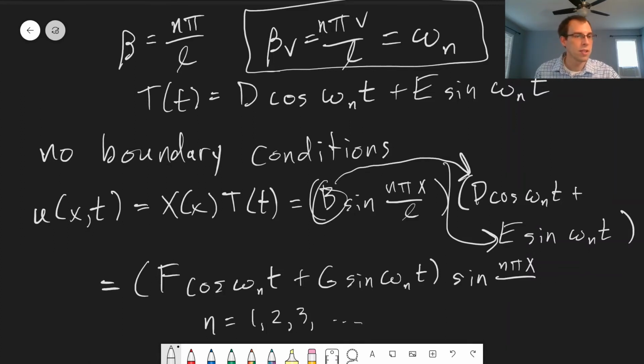Now the general solution is we can take any linear combination of these sets of solutions.